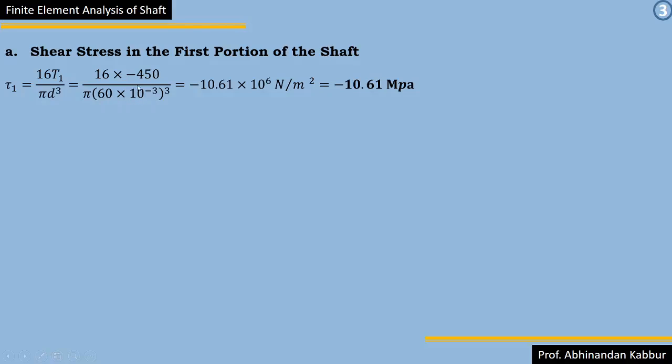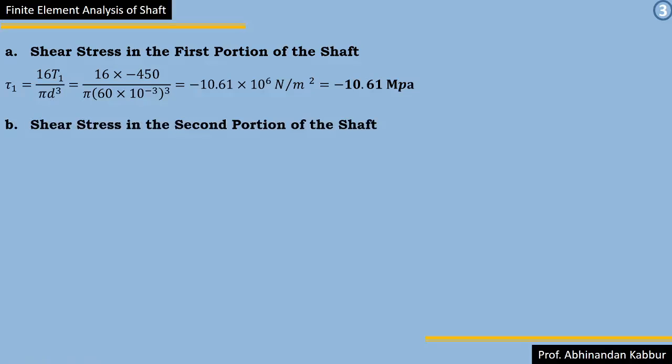Now d I need to substitute in terms of meters, so I multiplied with 10 to the power of minus 3. D cube is there, I'll apply cube here. Then after solving, this value will be minus 10.61 into 10 to the power of 6 Newton per meter square. 10 to the power of 6 is nothing but mega, therefore Newton per meter square is nothing but Pascal, so it is minus 10.61 megapascal.